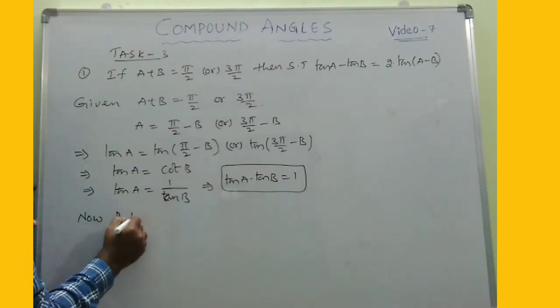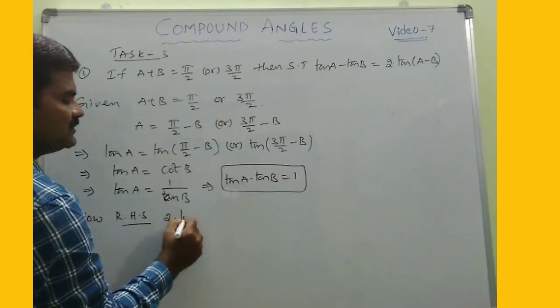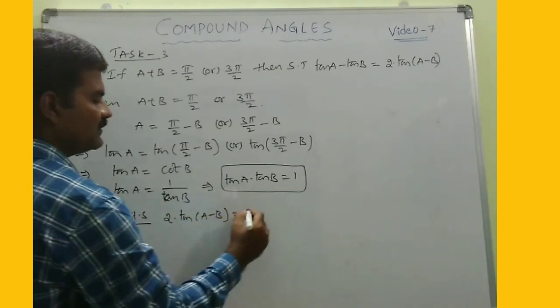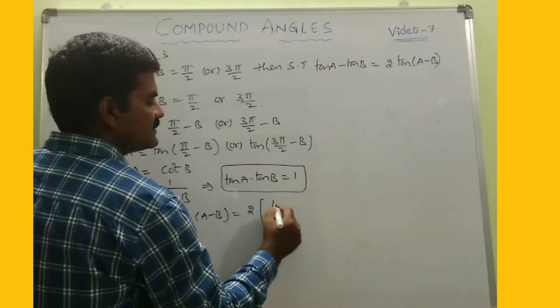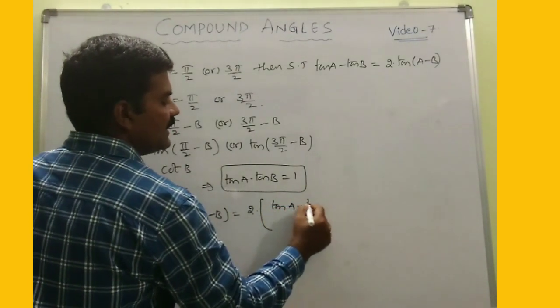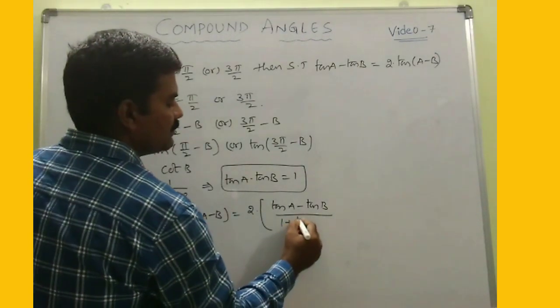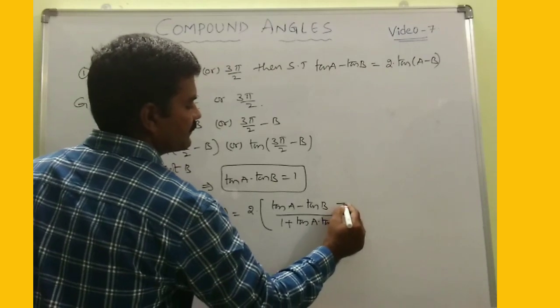Now I want to go from RHS to LHS. RHS is 2 into tan of a minus b. Apply the formula for tan of a minus b: 2 into tan a minus tan b by 1 plus tan a into tan b.